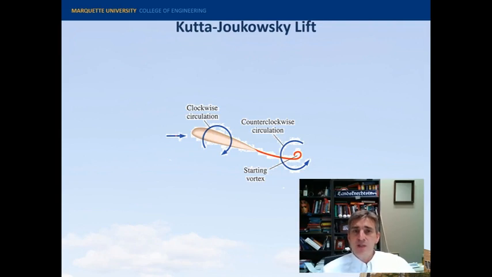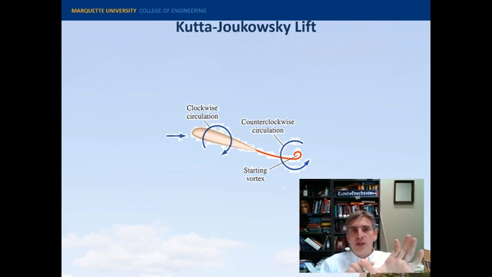Well, the justification is that we really do have circulation around a lifting body, and it starts from when we start the airfoil. So there's this idea that vorticity is conserved, so that if I begin the motion of the airfoil and it has lift on it, then it will have circulation.